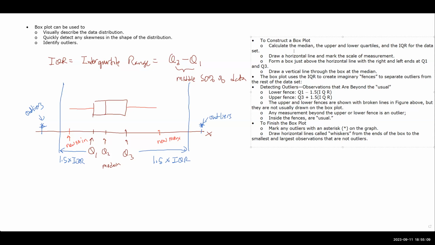All right, constructing the box and whisker plot, or the box plot. Calculate the median, the upper and lower quartiles, and the IQR of the data set.